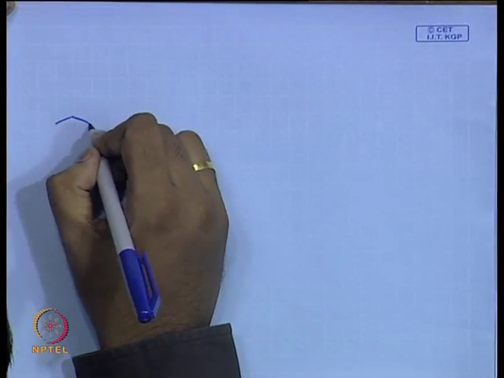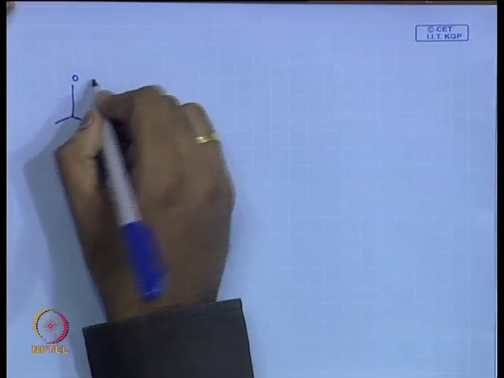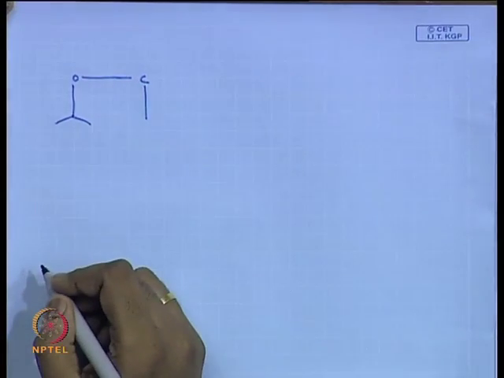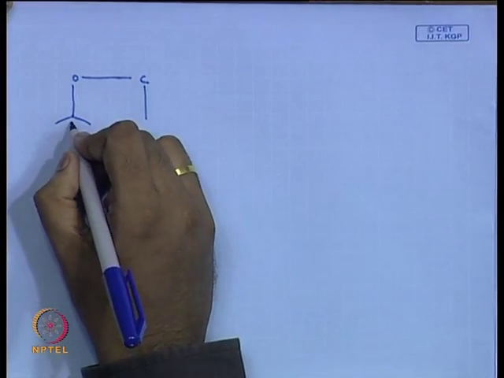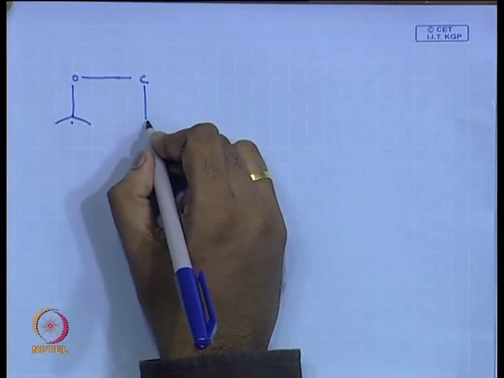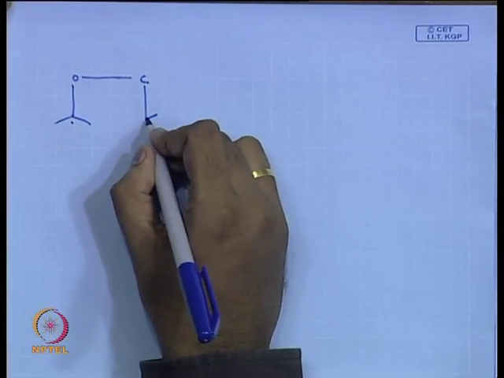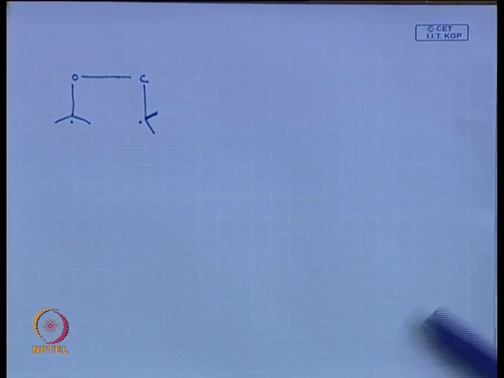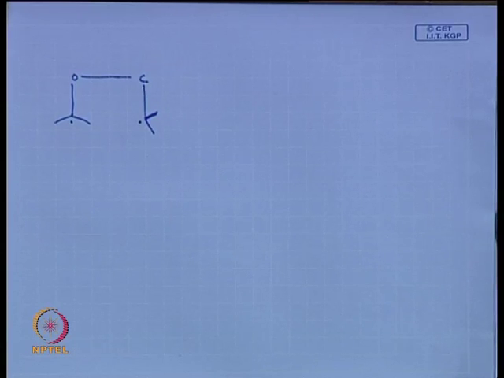So, what happens once you, so we said that we will get this, right. You get this. Now, tell me what will be the product? Cyclization to oxetane. Any other suggestions from any other people?